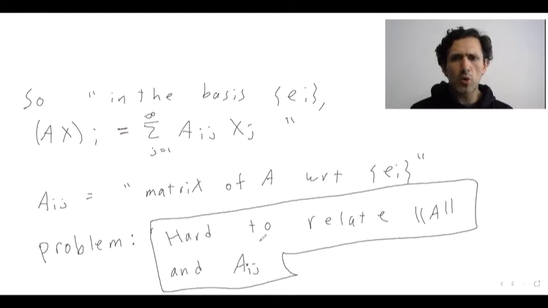There's really not much of a good relationship between the norm of A and properties of a_ij. In particular, there's certainly no result like A is bounded if and only if a_ij satisfies whatever. Nothing like that is really known.